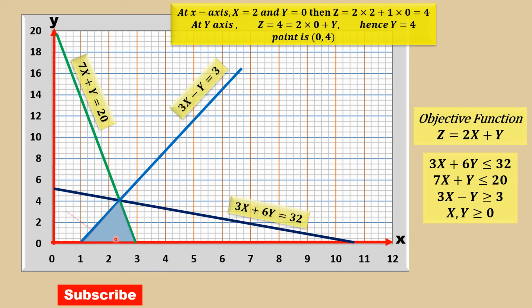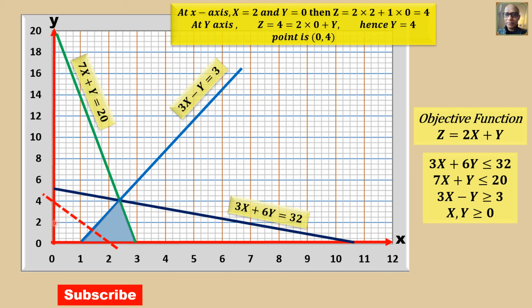Now I can plot this. This is the objective function, because it is taken from the objective function equation, assuming one point in the middle of the feasible region, then using this value we found the value of z. Then putting the value of z in this equation and considering it is on the y-axis, so x value 0, easily we can find y. That is why the calculation showed like this. So 0, 4. Now it is done.